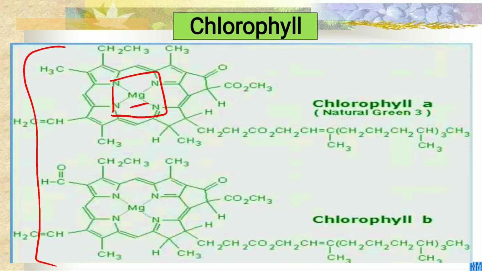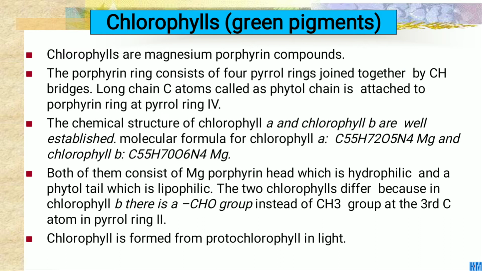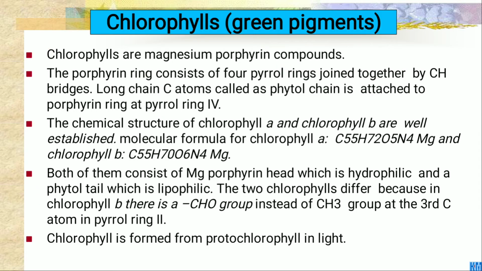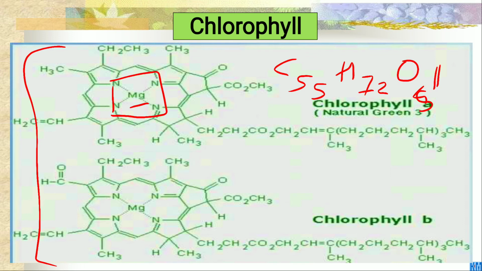Okay, what is the molecular formula of chlorophyll A? C55H72O5N4Mg.